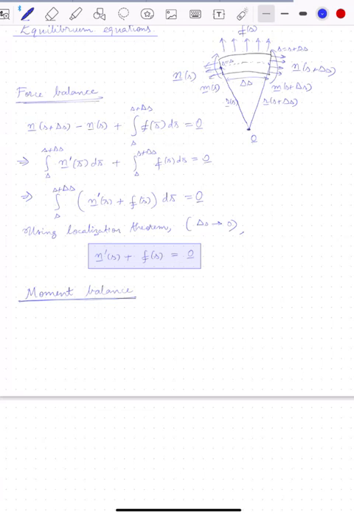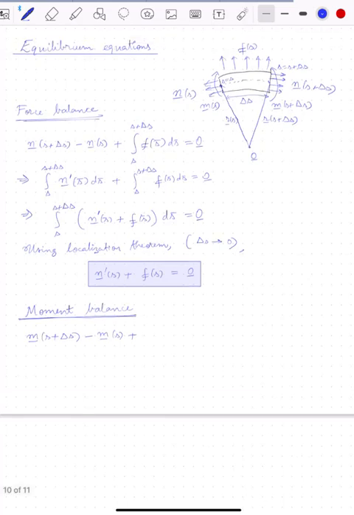So first of all, we'll have m vector of S plus delta S, and then minus m vector of S. Now we have this force acting here, n vector of S.